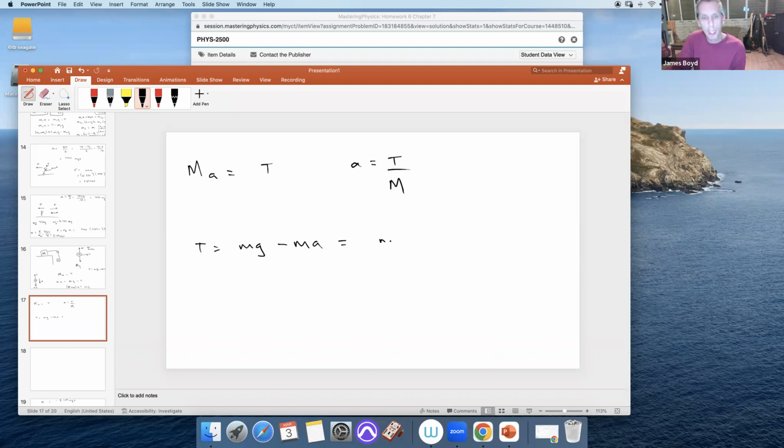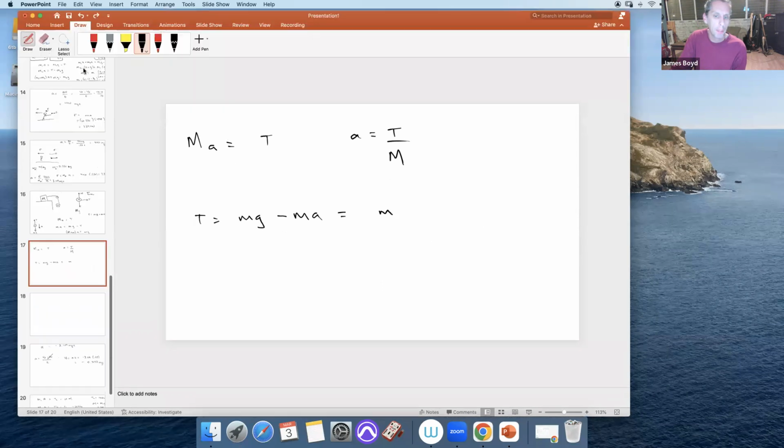So this is little m times g minus a, or little m, do I want to do it this way? This is kind of a pain. So let's actually do this. So T is mg minus m times T over big M.